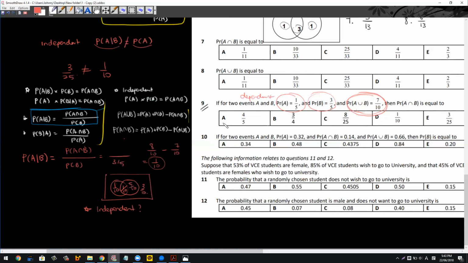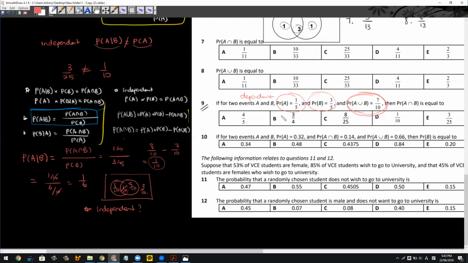And A and B, we worked that out, that's 1 out of 10. So that's equal to 1 out of 10 over 6 out of 10. This is the same thing as 1 out of 6, because 10 and 10 can cancel out, okay? So that would be 1 out of 6, okay?